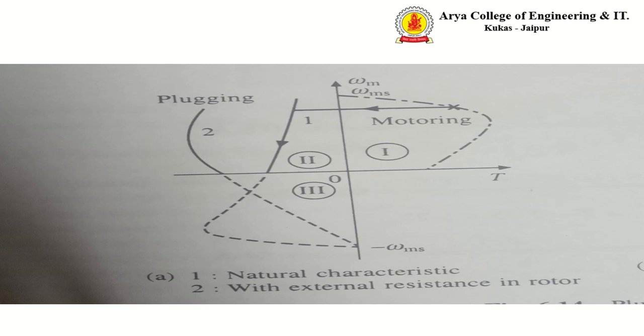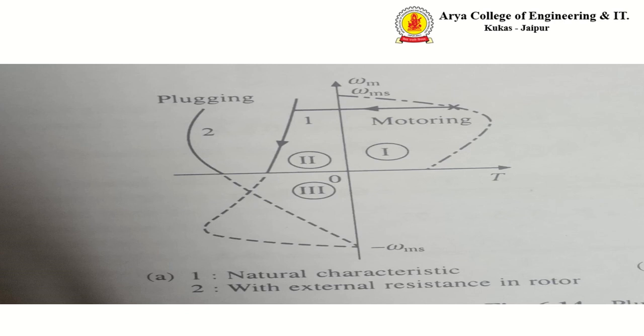In the first connection, the induction motor drive is directly connected to the three phase supply A, B, C, connected to the stator, and the motor operates in normal condition. This is the motoring condition. In the second diagram, the three phase supply is present but two phases of the induction motor are connected and one phase is open.